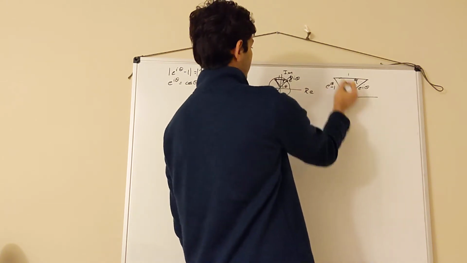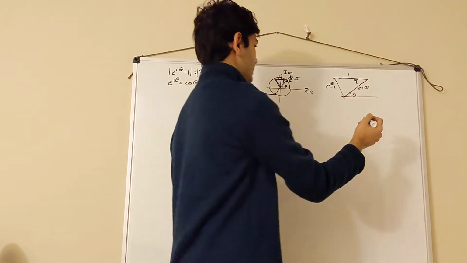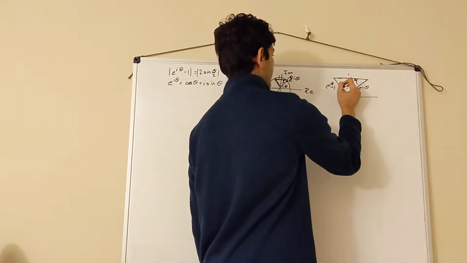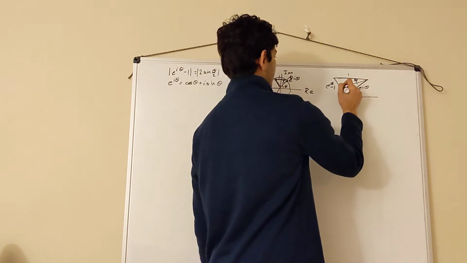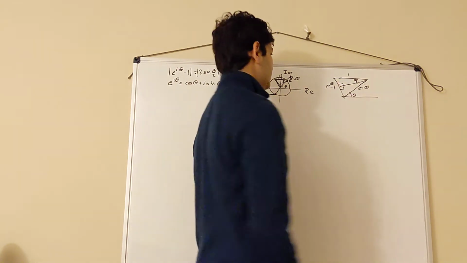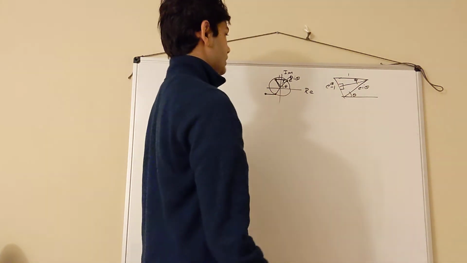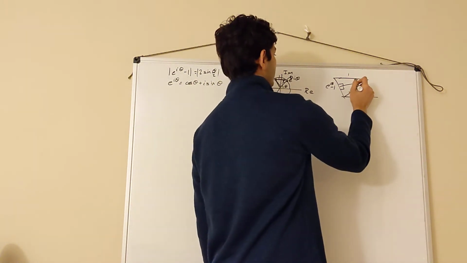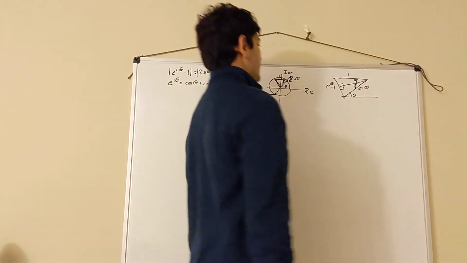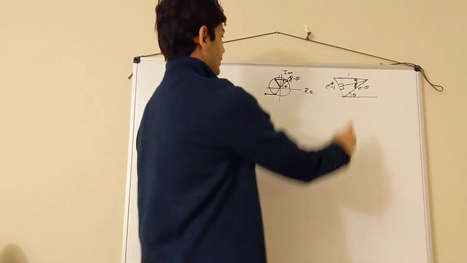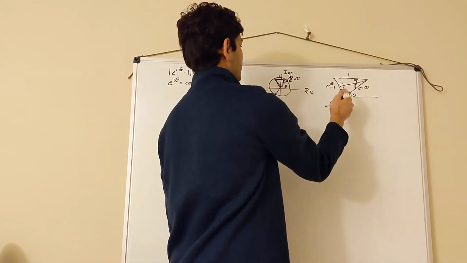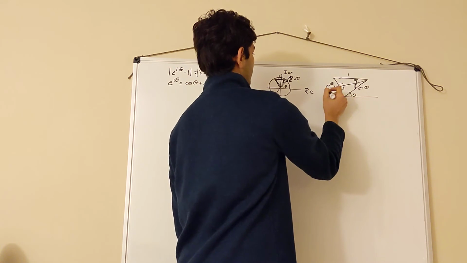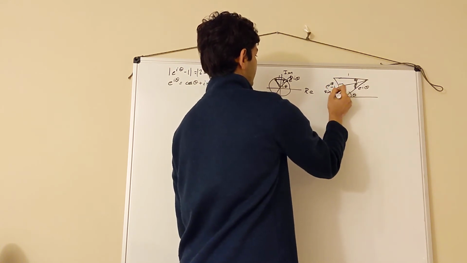The absolute value is just equal to this length, and we can figure it out easily by splitting this triangle in half, giving a 90-degree angle. Because it's an isosceles triangle, this angle is also split in half, so this angle is theta over 2. Then you have a triangle with a hypotenuse of 1 and an angle of theta over 2, so this length is just sine theta over 2.